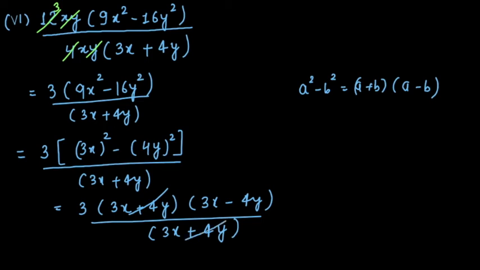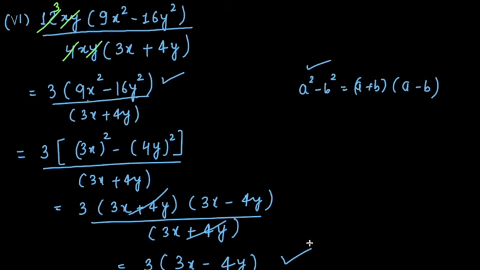What we are getting is 3 into 3x minus 4y. So what we have done, I have simply cancelled the terms in the beginning of the question. Now in this bracket, since these numbers are perfect squares, I have made use of the third algebraic identity, expanded it in the form of a plus b, a minus b, with which I can cancel the complete bracket as it is, and my answer to the question is 3 into 3x minus 4y.